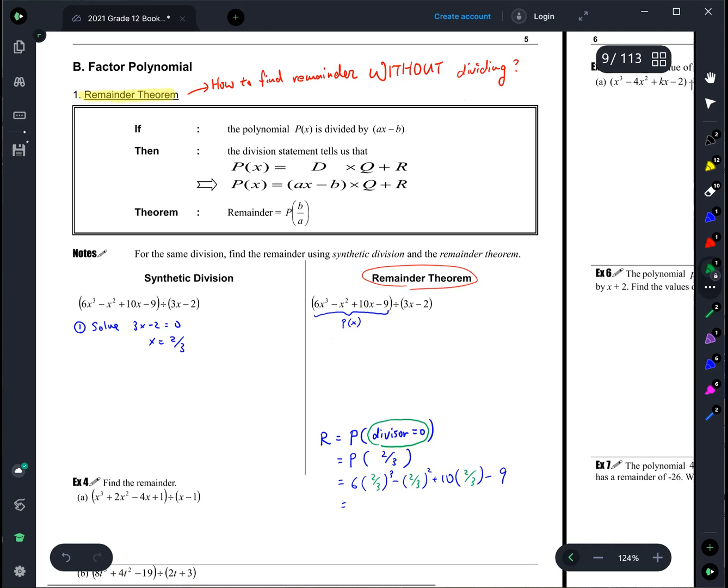Okay, so the main purpose of this page right now is to know how to find the remainder without dividing at all. To do that, you just take the divisor, solve for x, and then plug it into the dividend.